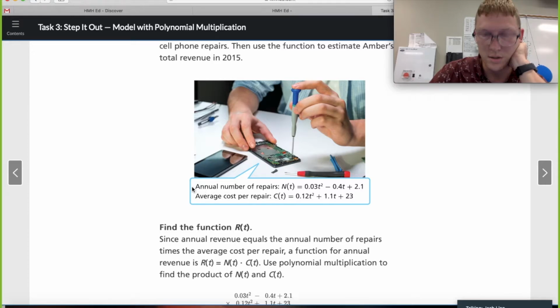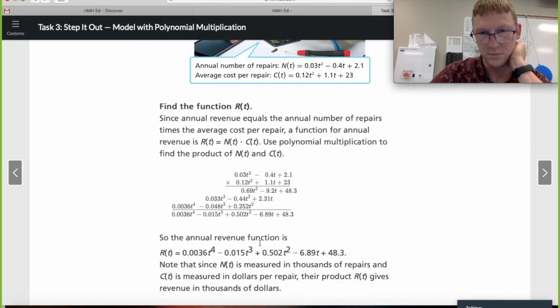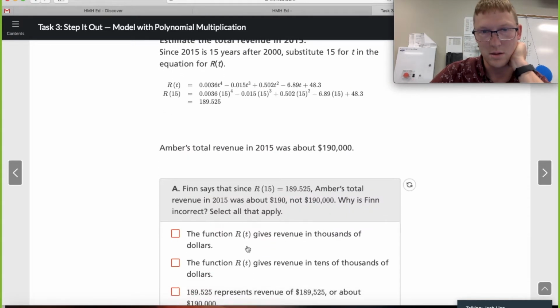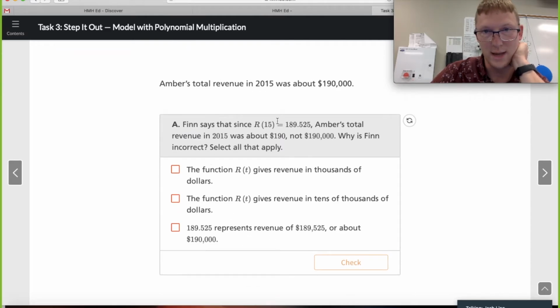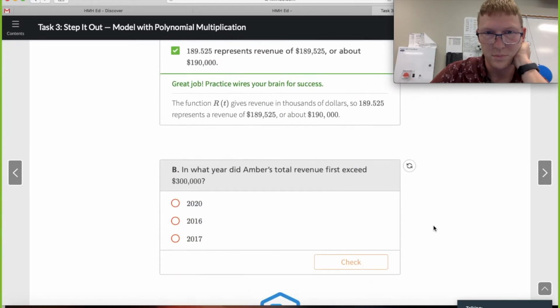So this function right here tells you the number of thousands of cell phones she's repaired. That's why Finn is incorrect. The function R of t gives revenue in thousands of dollars. So I would agree with that one.